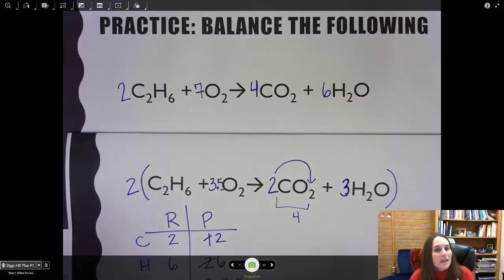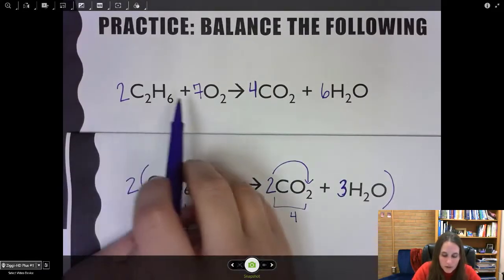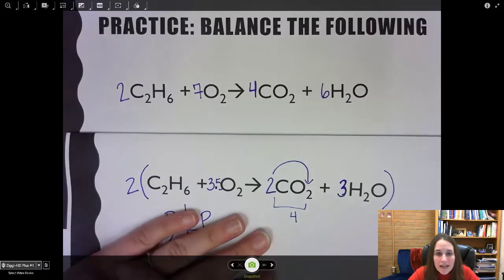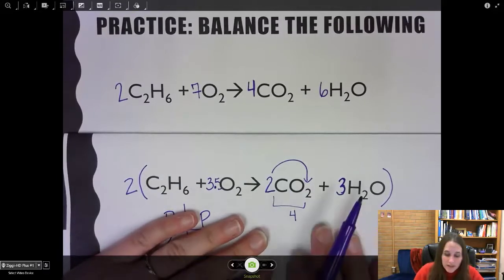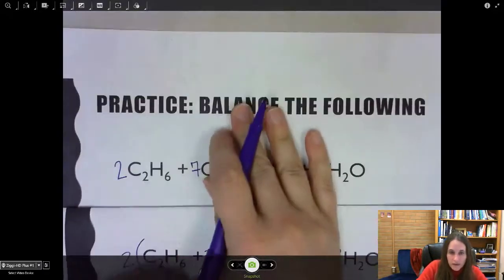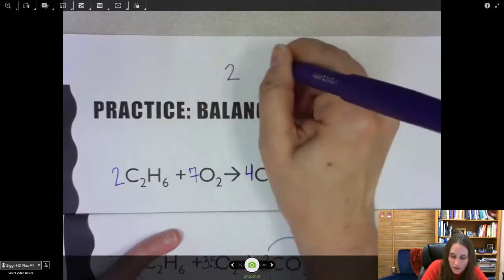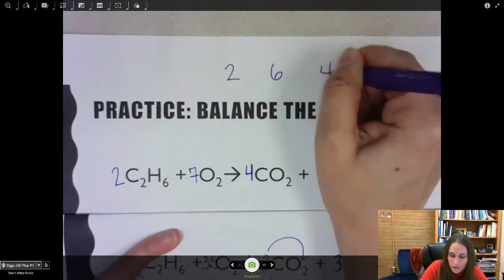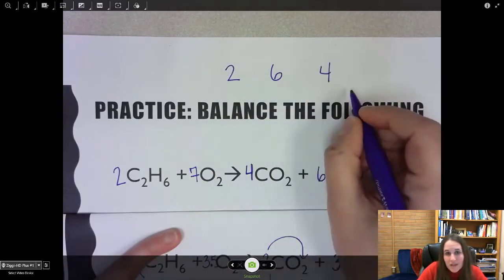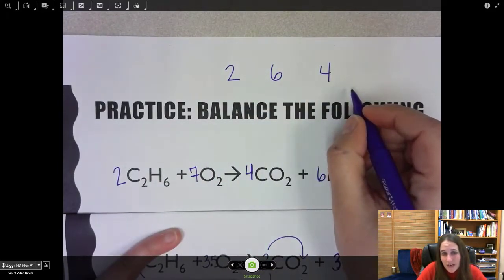So don't give me halves as your answer, but you could use halves to balance it, and then you take that additional step of multiplying each coefficient by 2. Now, if you have a situation, and I don't have an example of this, where you've balanced and you realize at the end that all of your coefficients are divisible by 2, you can reduce them.